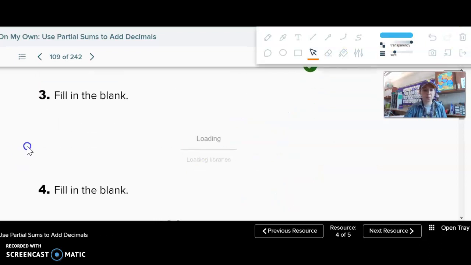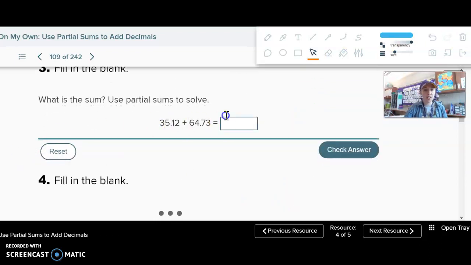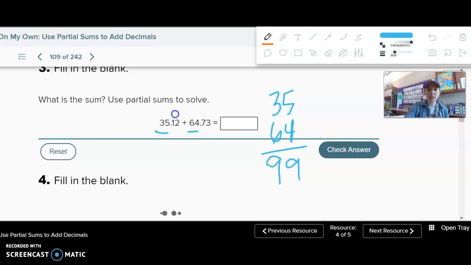All right. Go ahead and use one of your strategies to add those together. All right, if I add and I see, okay, maybe I did 35 plus 64. Those are the ones, I split them up into whole numbers and decimals. Well, that's 99.